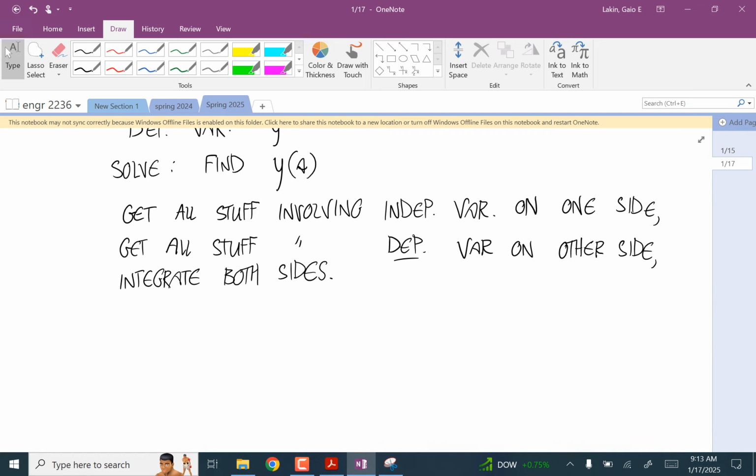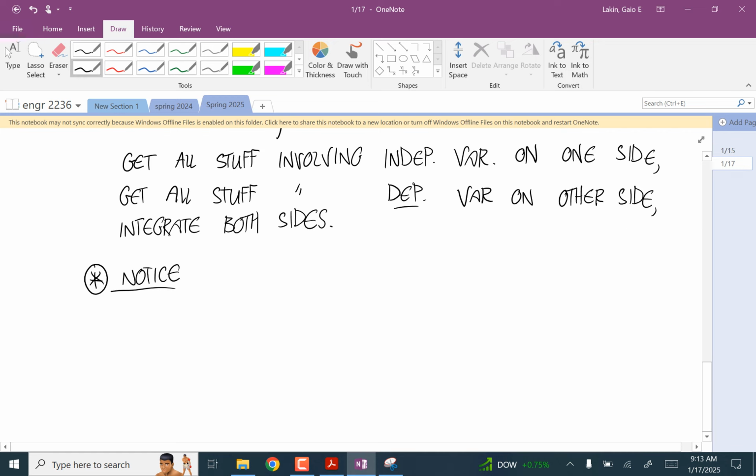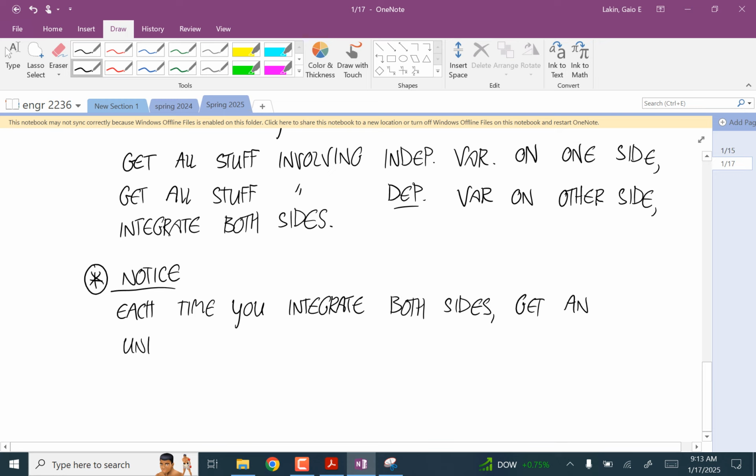The thing to notice, and I'll do an example right after this, is each time you integrate both sides, you get an unknown constant of integration.